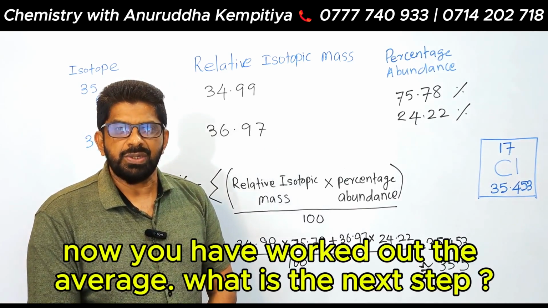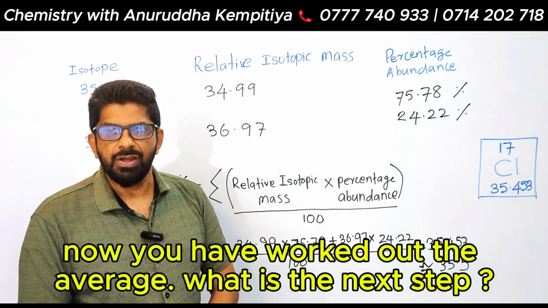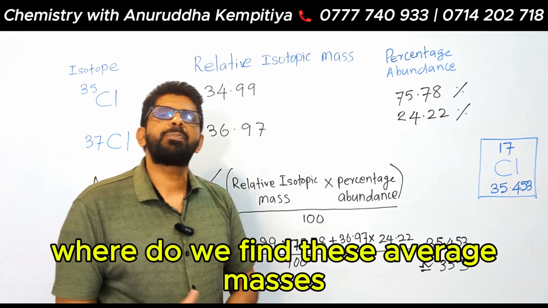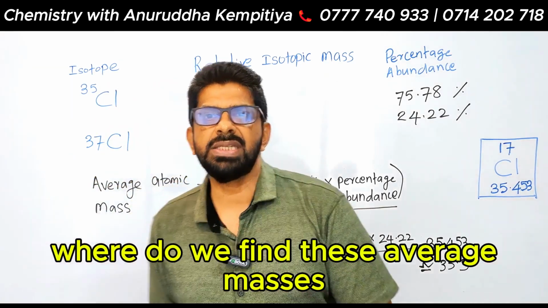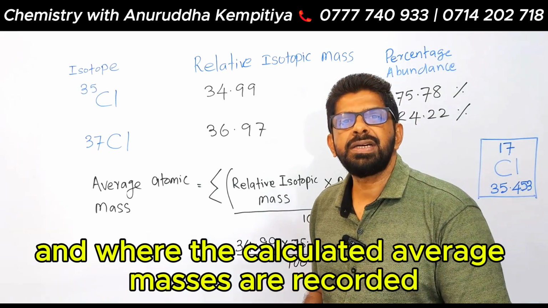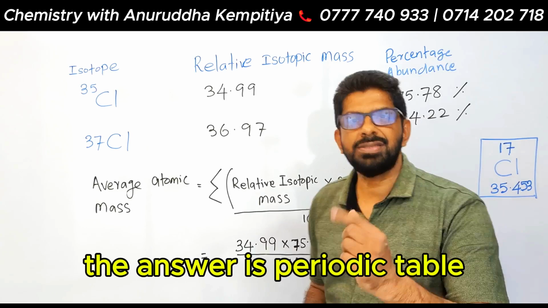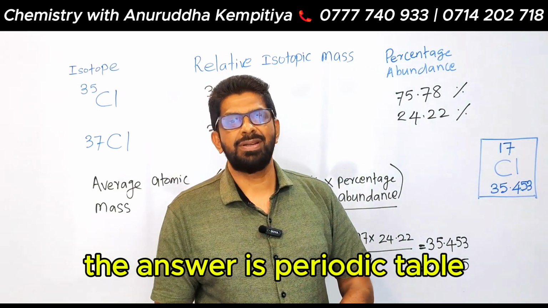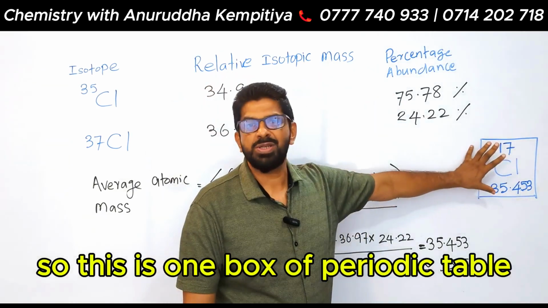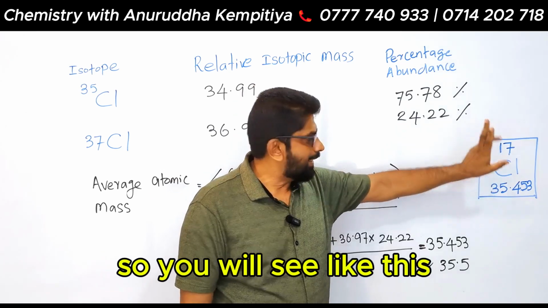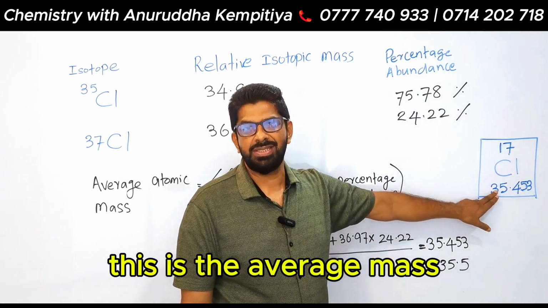Okay, now you have worked out the average. What is the next step? Where do we find these average masses, and where are the calculated average masses recorded? The answer is the periodic table. So this is one box of the periodic table. So you will see like this. This is the average mass.